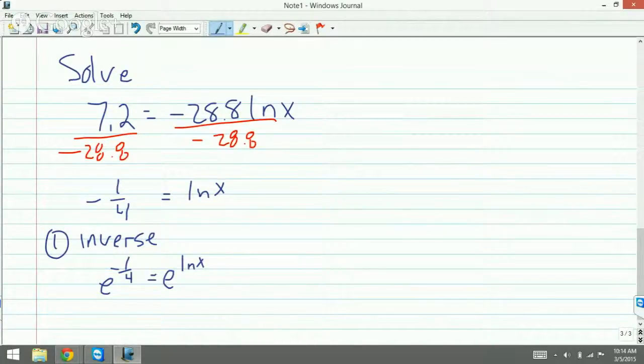Oh, because it's e to the power of x, right? So we have to put that in the exponent. Now we can say that you can cancel the e. Yeah, the e gets canceled.